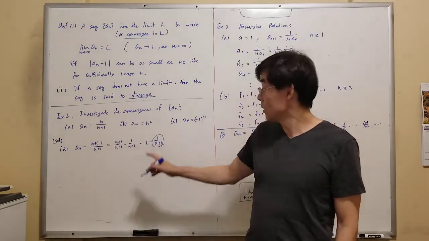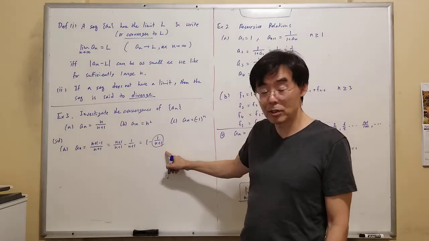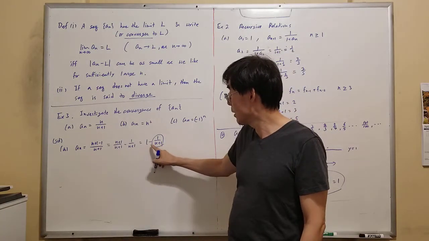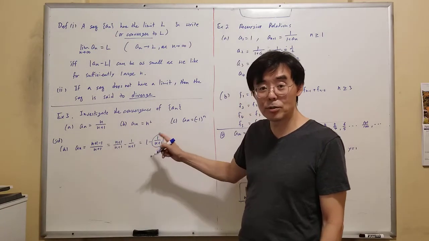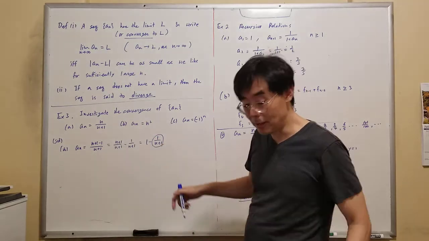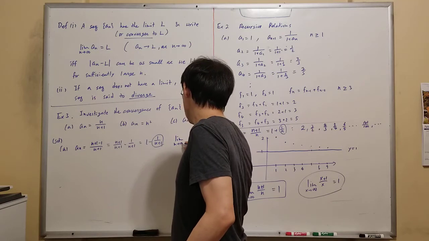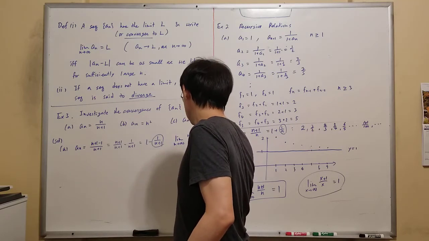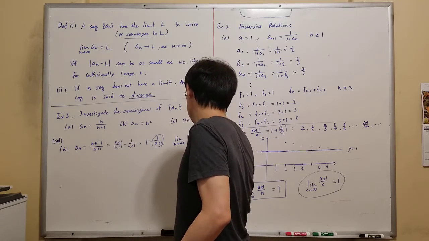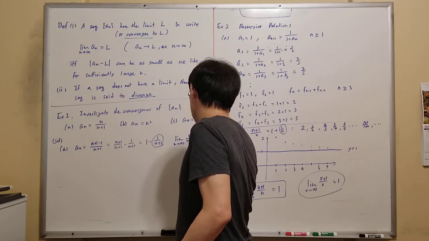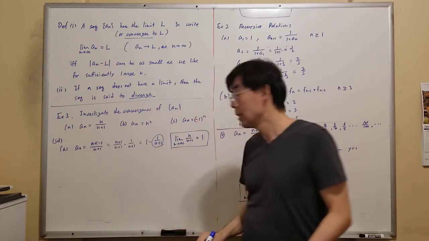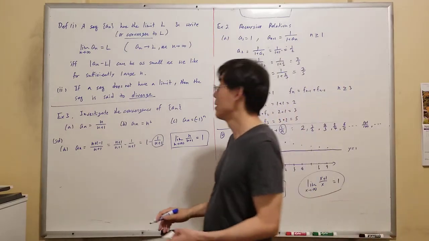Obviously, 1 over a growing number is getting smaller and smaller. It's almost 1 minus almost 0. Just getting closer and closer to 1 from below, right? So in this case, the limit of n over n plus 1 is 1, obvious. It is a convergent sequence.